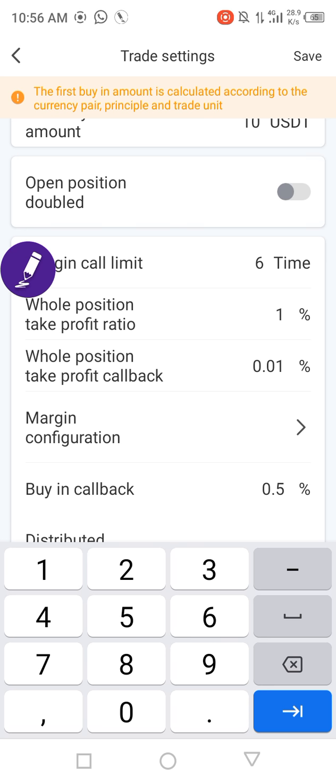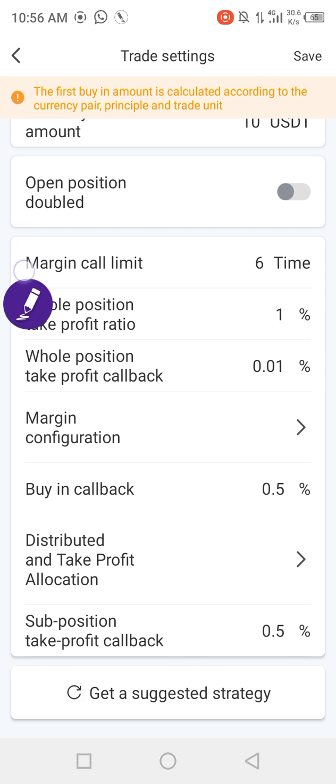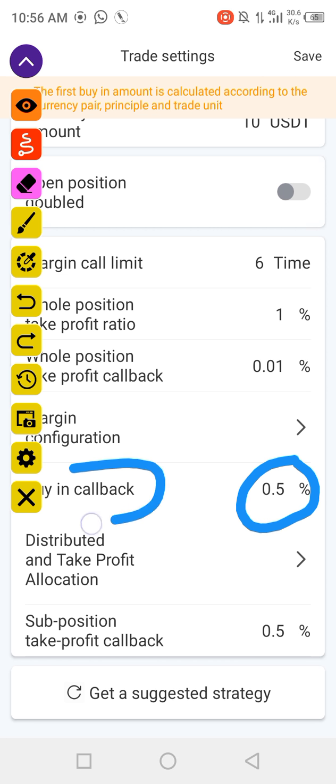The function of this particular callback is to call for another trade, another coin when the first one has been sold. Let's assume the robot is at the position of 3.